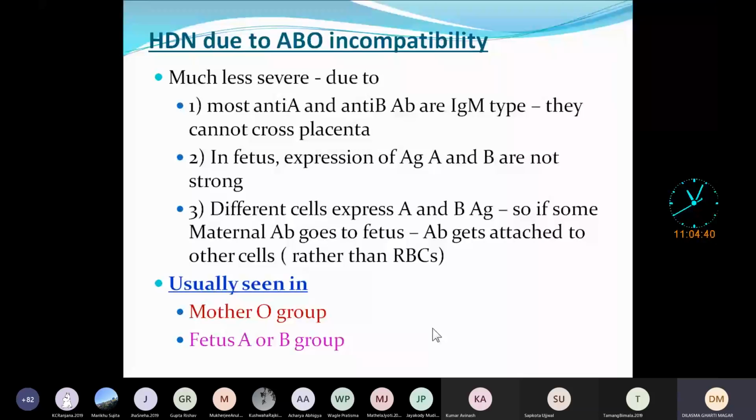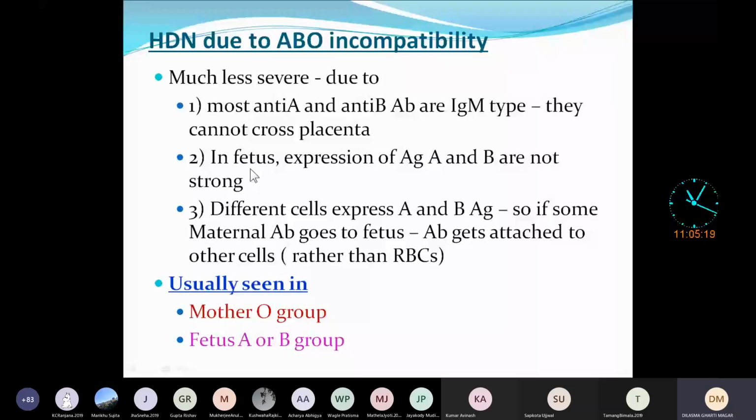So in ABO incompatibility, the mother has to be blood group O, and the fetus has to be A, B or AB blood group, isn't it so? In the mother with blood group O, there is no antigen on the surface of the RBC, but in the plasma there will be anti-A and anti-B, isn't it? Usually in the fetus, whatever antigens are there, antigen A and antigen B, will not be very expressed, and it will take 1 year to express all these antigens.